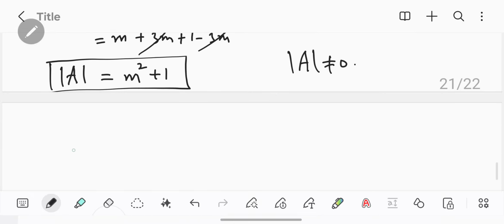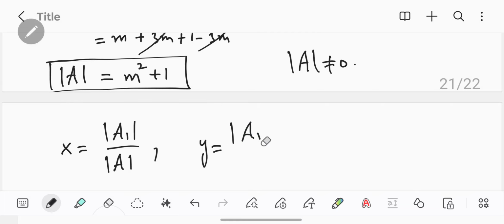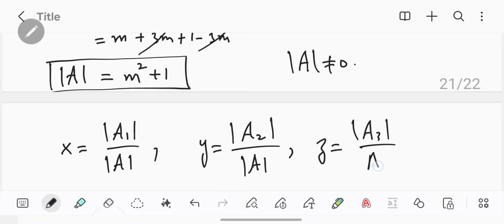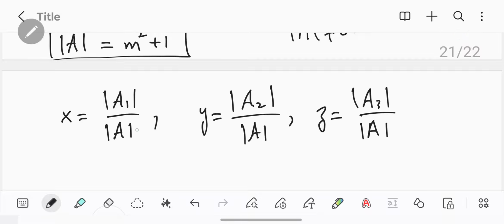Okay, so using Cramer's rule, we have x is equal to the determinant of A1 over the determinant of A. And similarly, y is equal to the determinant of A2 over the determinant of A, and z is equal to the determinant of A3 over the determinant of A. We already know the determinant of A, but we don't know the determinant of A1, A2, or A3.